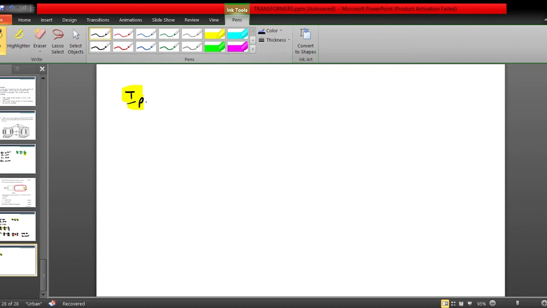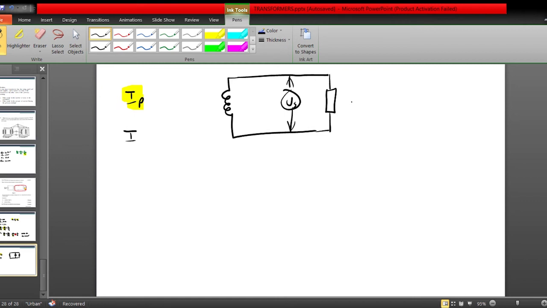Now, before we find Ip, we will find Is. The circuit looks like this. We know that the output voltage is Vs, and we know that the resistance is 10 ohms. Now look at this. V equals IR.